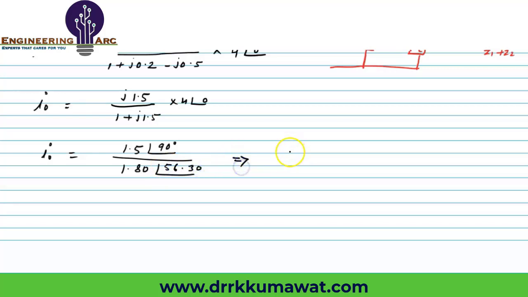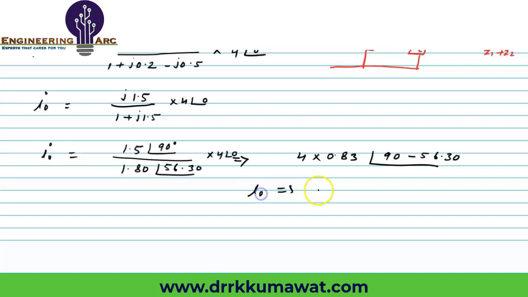So 1.5 divided by 1.80 multiplied by 4 angle 0 gives 4 into 0.83 and the angle will be 90 minus 56.30.